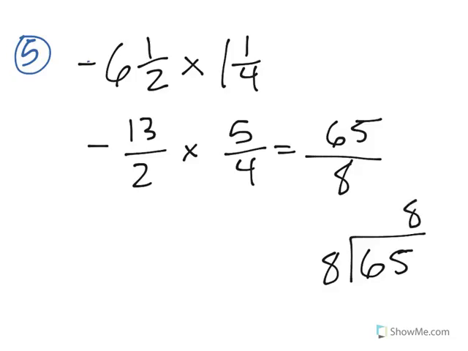And it goes in 8 times. So 8 times 8 is 64, which leaves us with 1. Now remember, every single whole number has an invisible decimal behind it with an infinite number of zeros. So we're going to go ahead and drop one of those zeros down and make sure that we pull our decimal up.